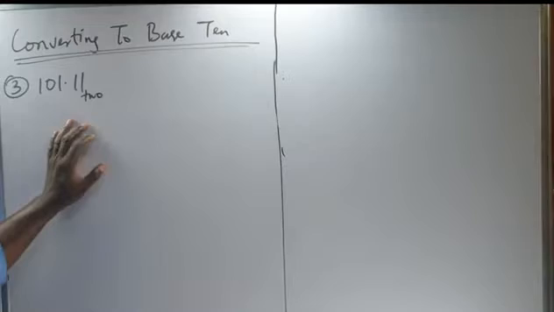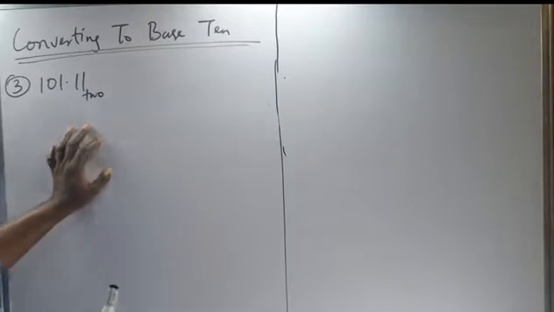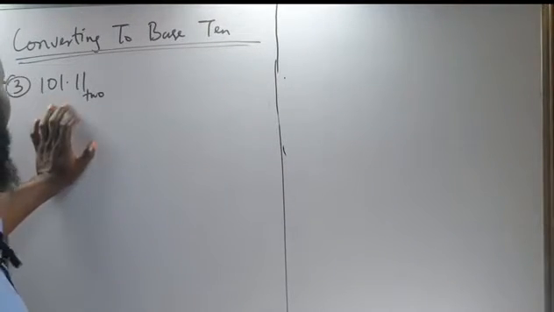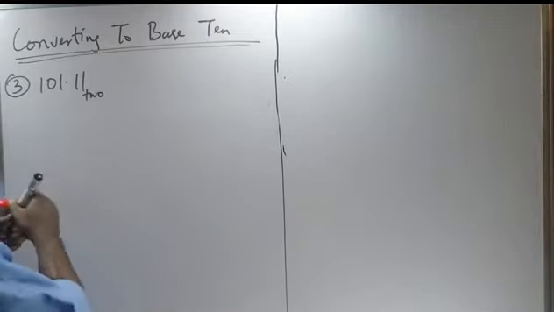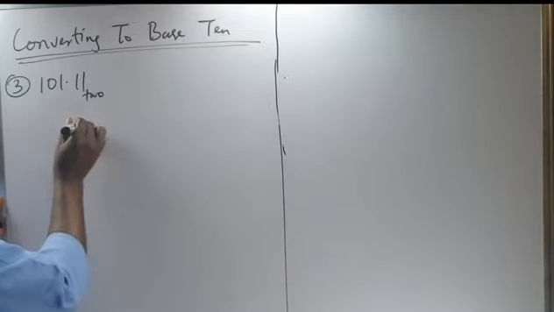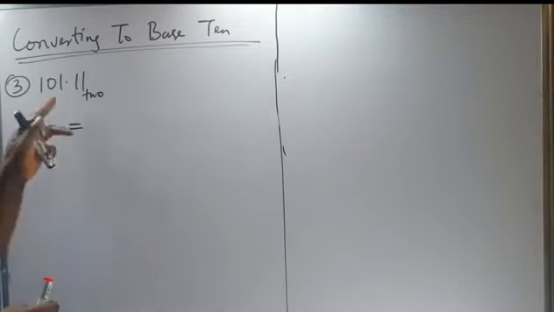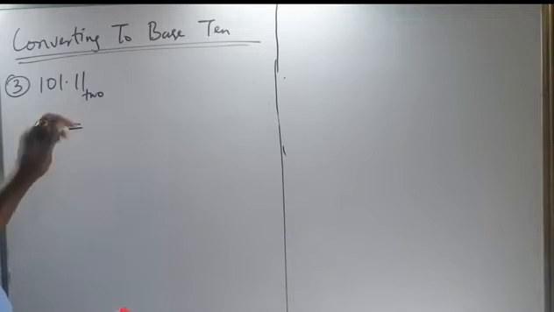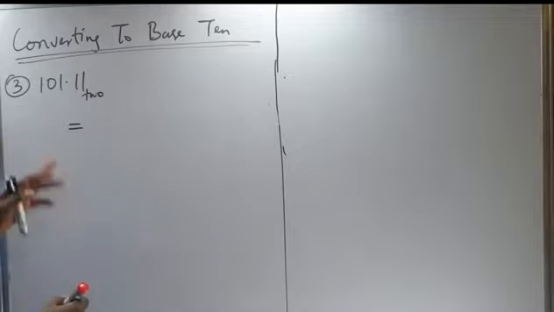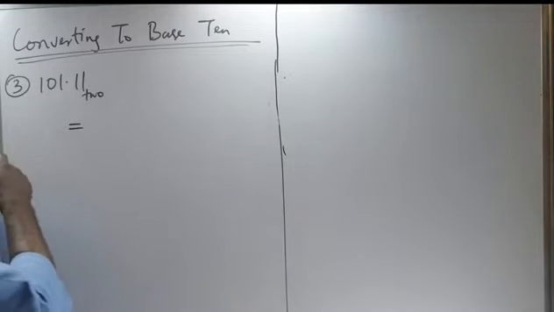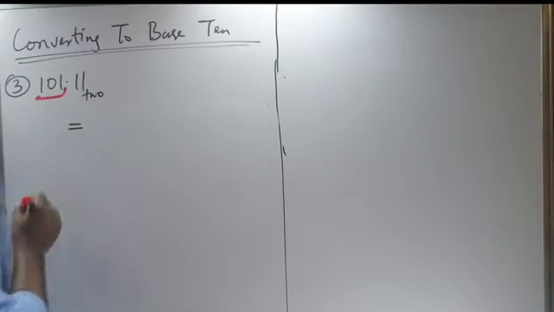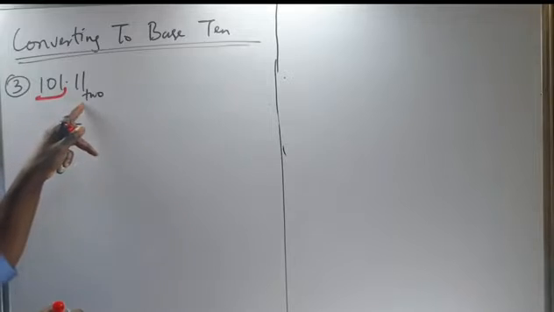Okay. Question number 3. We are converting this to base 10 as well. So what we're going to do is still the same thing, but this is quite different from the last one we did, because this one has decimal, as you can see here. Don't forget this is the whole number here, while this is what?